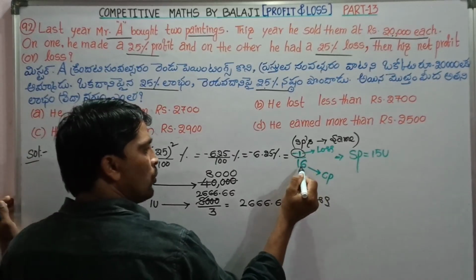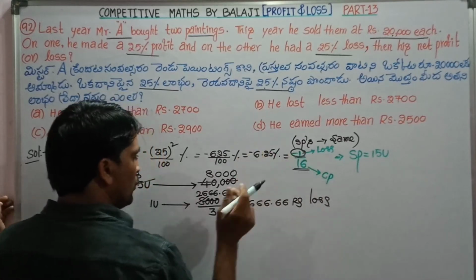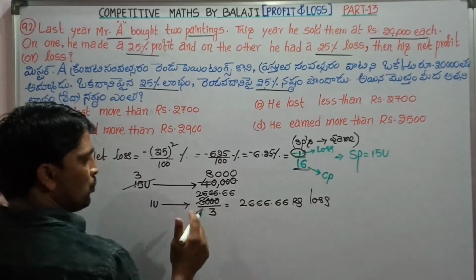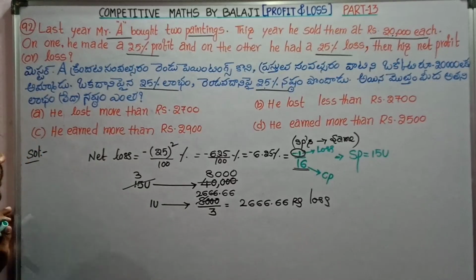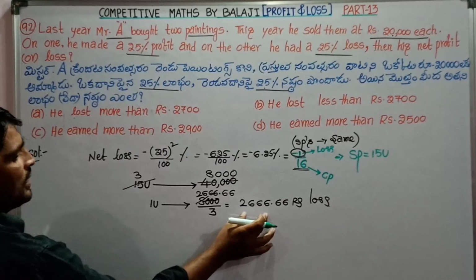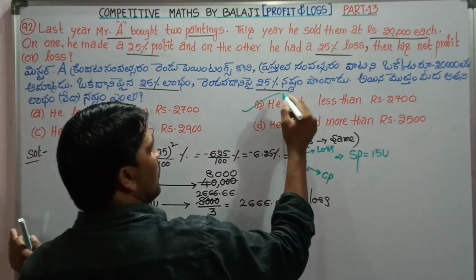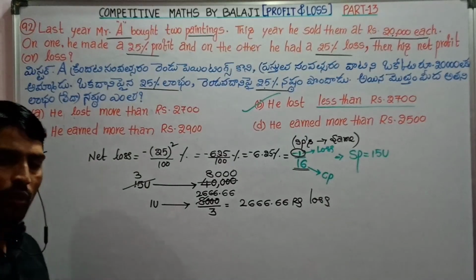As he gets, out of 16 units of article, 1 unit loss, that 1 unit is equal to 2,666.66. So among the options, he lost more than 2,700? No, it is less than 2,700. So he lost less than 2,700. So answer is B. Okay.